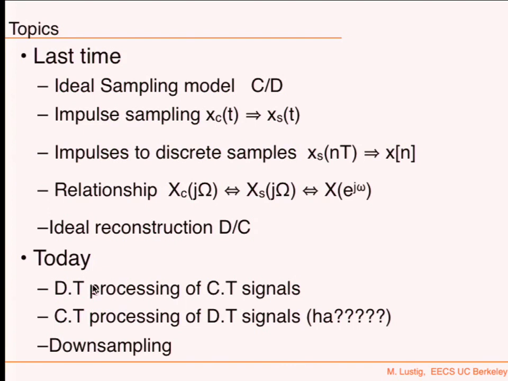Then continuous time processing of discrete time signals. Now, that is kind of strange. Why would you want to process something in continuous time when it's discrete? We'll get to that. And then if we have time, we'll see if we get to downsampling. I have to gauge how long.